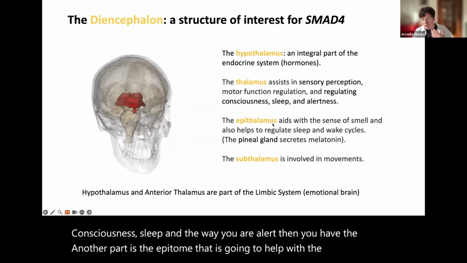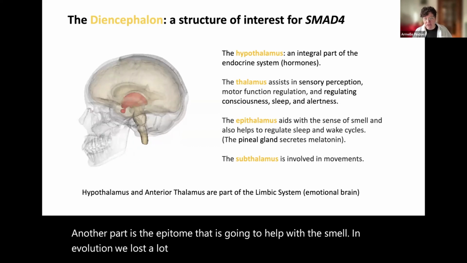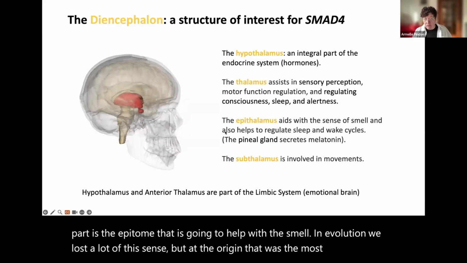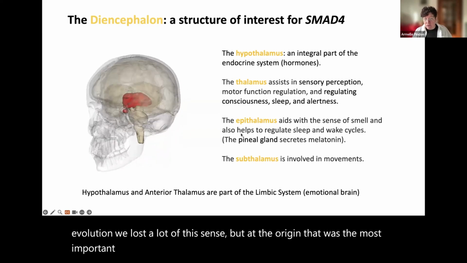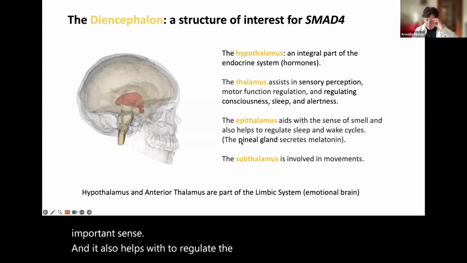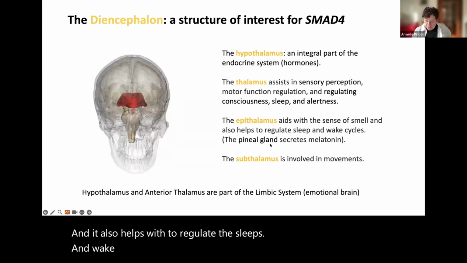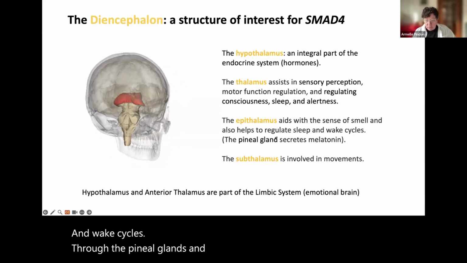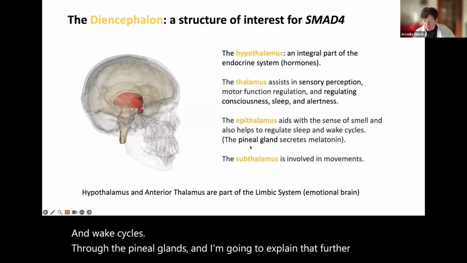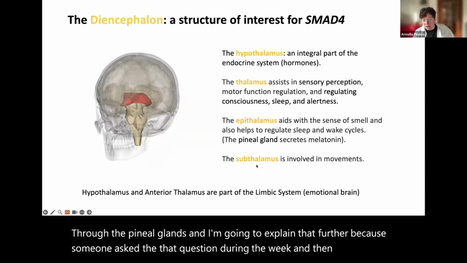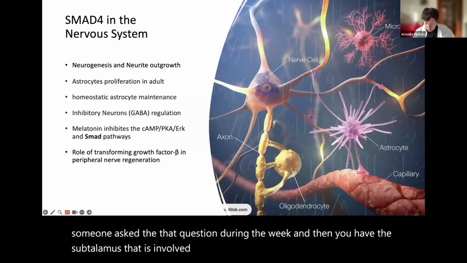In evolution, we lost a lot of this sense, but at the origin, that was the most important sense. It also helps regulate the sleep and wake cycles through the pineal gland. I'm going to explain that further because someone asked that question during the week. And then you have the subthalamus that is involved in movement.